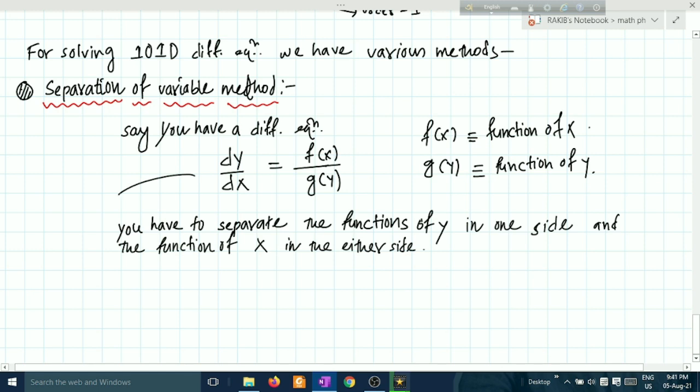In the above differential equation, you can see g of y is in the denominator of the right hand side, and in the numerator of the left hand side there is a dy. That means you can easily write by cross multiplication: g of y dy equals f of x dx.